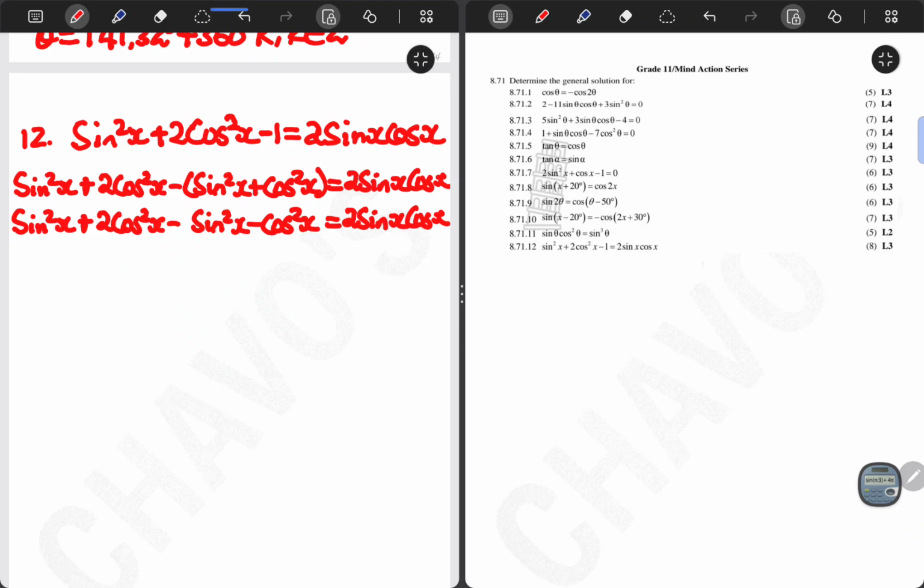Simplify again: sine square will take out sine square.